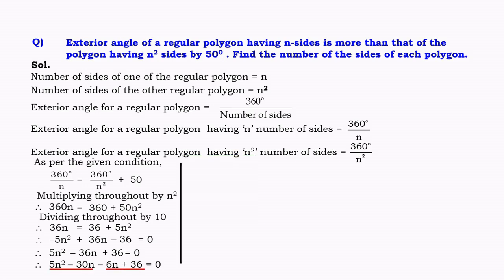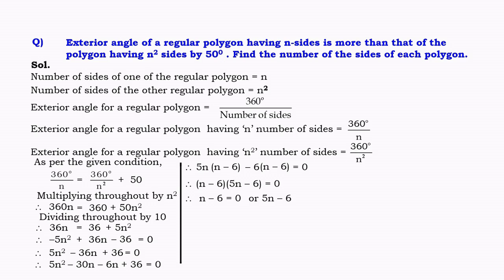The equation becomes 5n squared minus 30n minus 6n plus 36 equals 0. Taking common factors, 5n multiplied by (n minus 6), minus 6 multiplied by (n minus 6). Taking (n minus 6) common, we get (n minus 6) multiplied by (5n minus 6) equals 0.